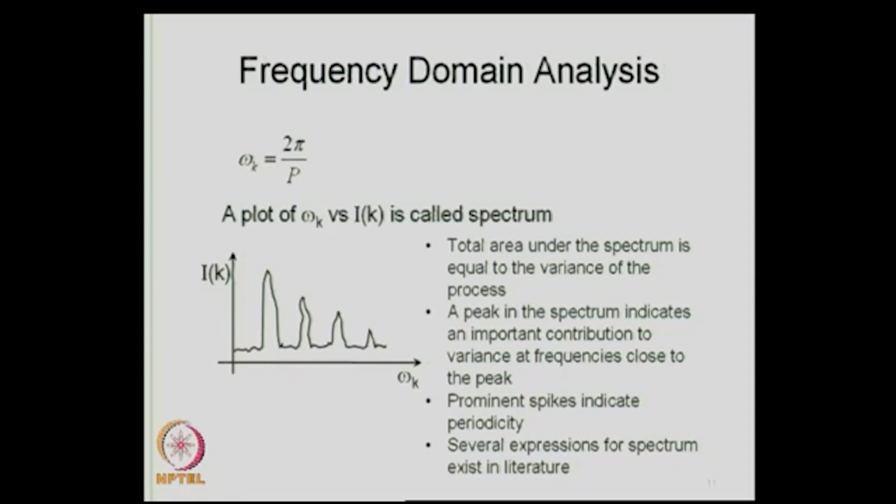Now, the expressions that we just introduced are one among several possible expressions for spectrum estimates. So, we are using one of them. In the text and in the literature, you may find several different ways of expressing the spectrum, but we will adhere to the particular type of expressions that we have just introduced.